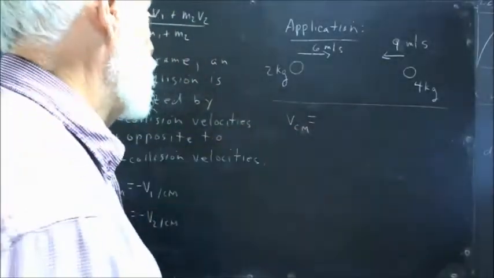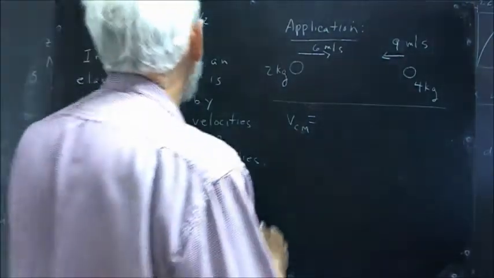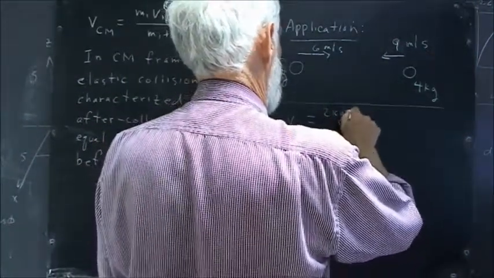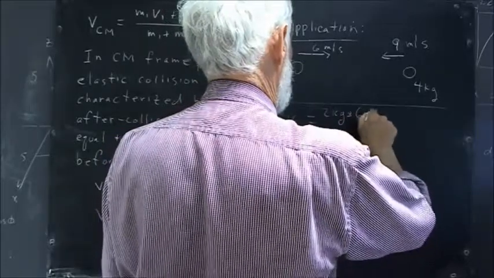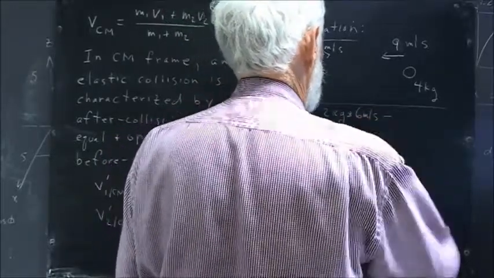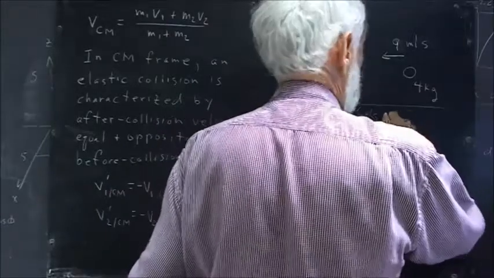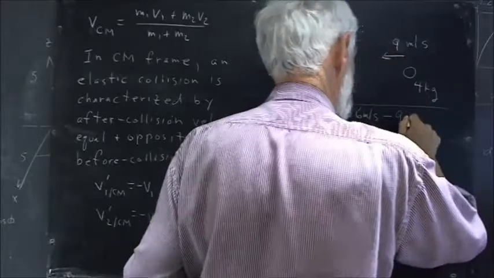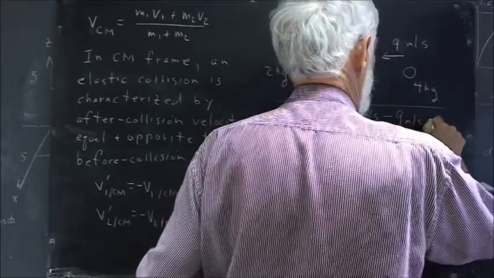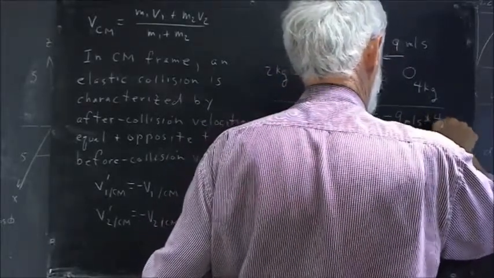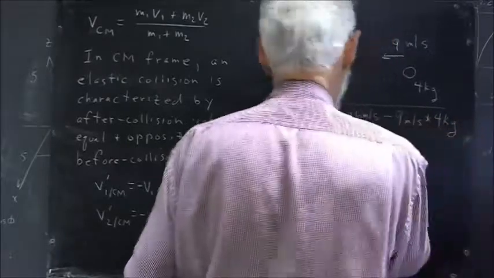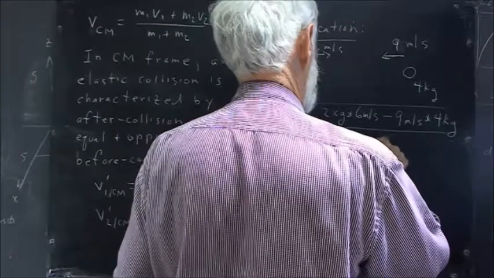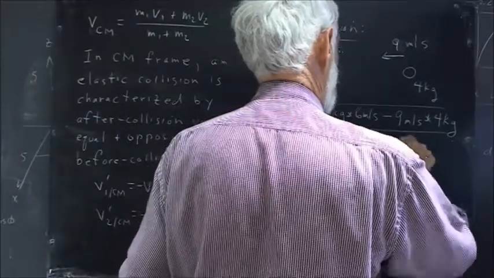The velocity of the center of mass frame is going to be m1 v1, which is 2 kilograms times 6 meters per second, plus a negative 9 meters per second times 4 kilograms, divided by the 2 kilograms plus the 4 kilograms.